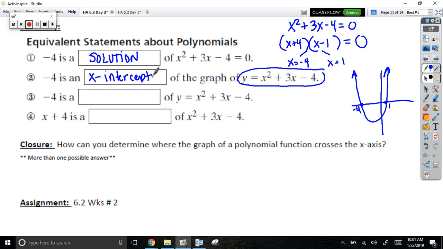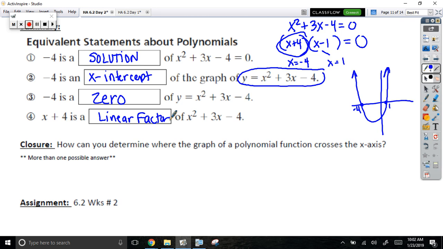Okay, the next one says -4 is a blank of the same equation. This one we can call a 0 of the function. So these are all equivalent statements. And then the last one says x plus 4, which was what we factored it into. This is called a linear factor of the polynomial. So all of those are kind of interchangeable whenever you're talking about these types of functions.